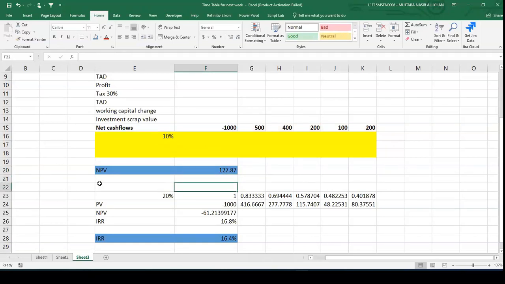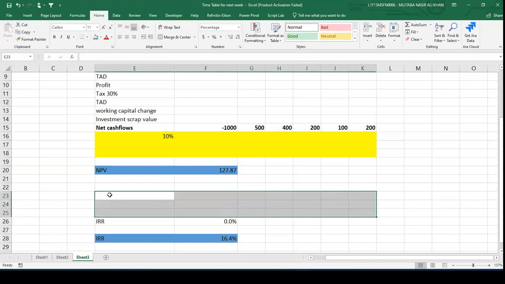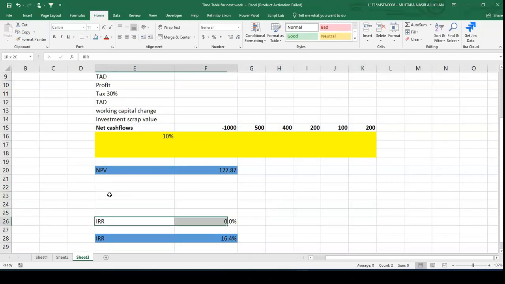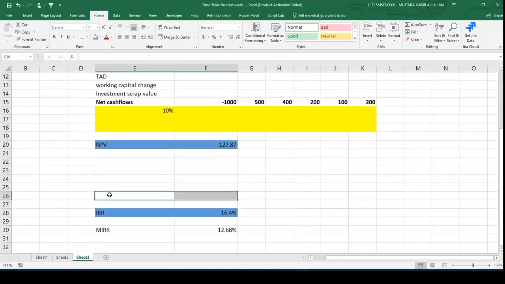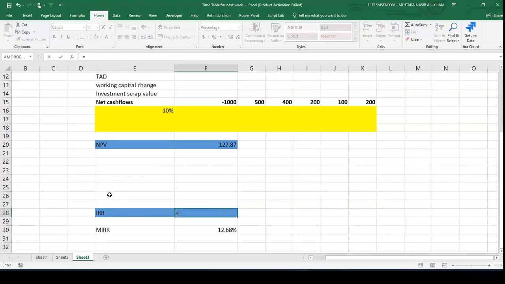127. For IRR, instead of doing so many steps, simply write IRR, 3-letter, bracket start, select all values from year 0 till the last year. 16.4%.